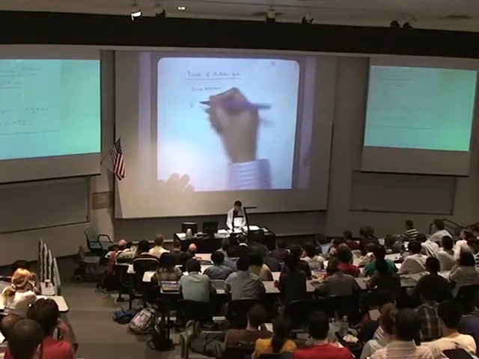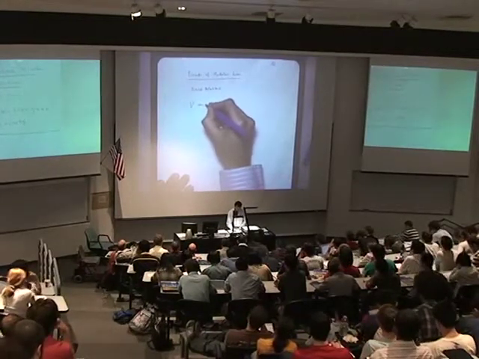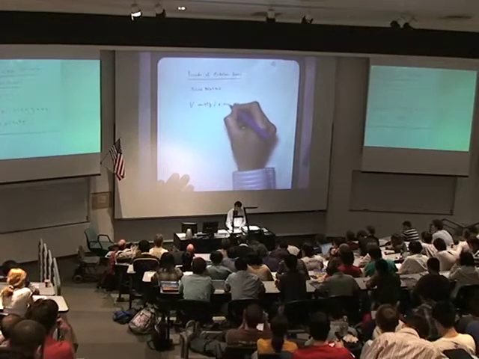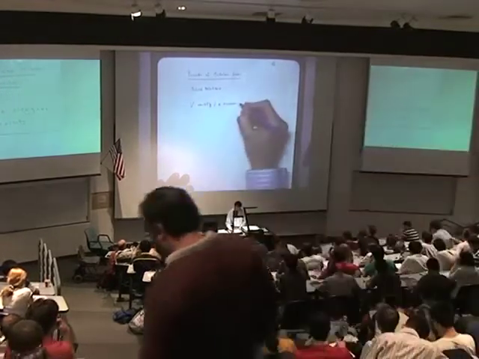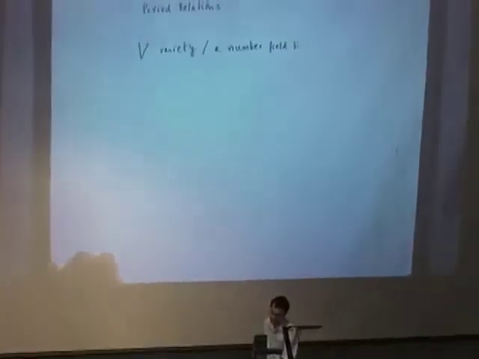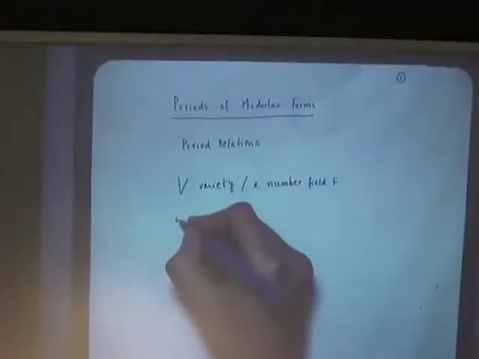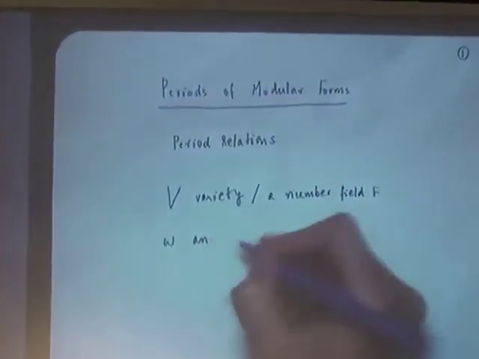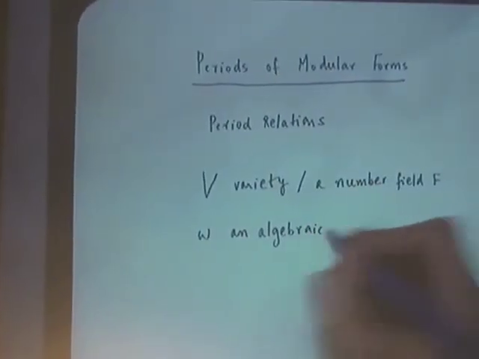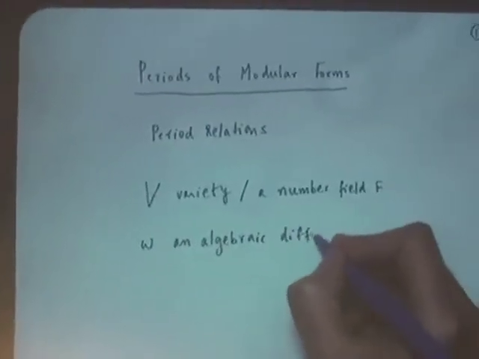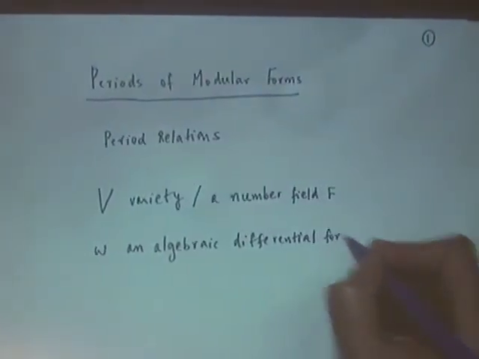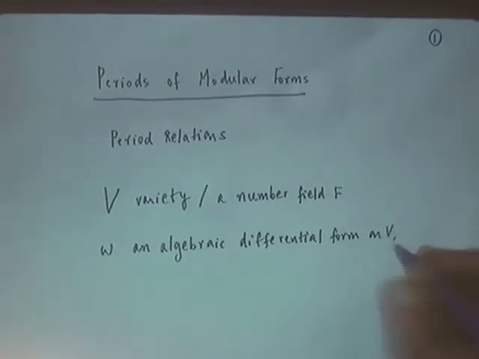So let's say V is a variety over a number field F. And let's say that omega is an algebraic differential form on V, that's F rational.